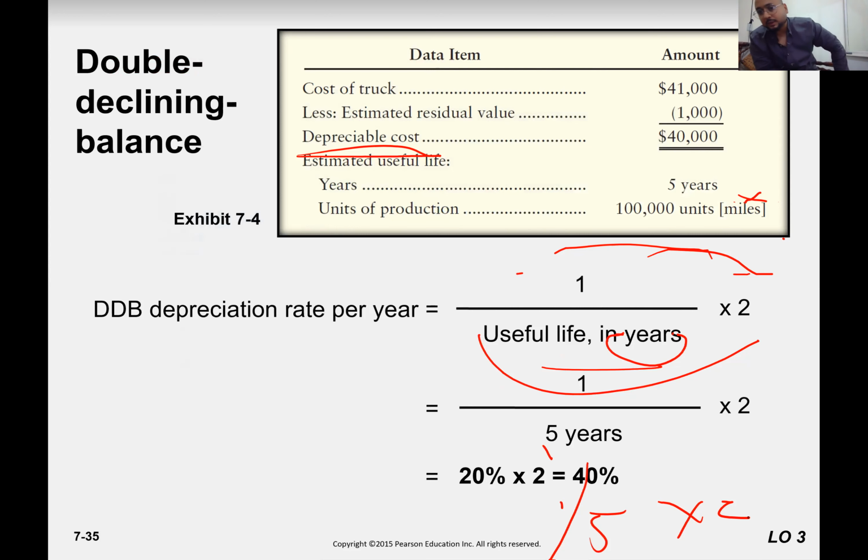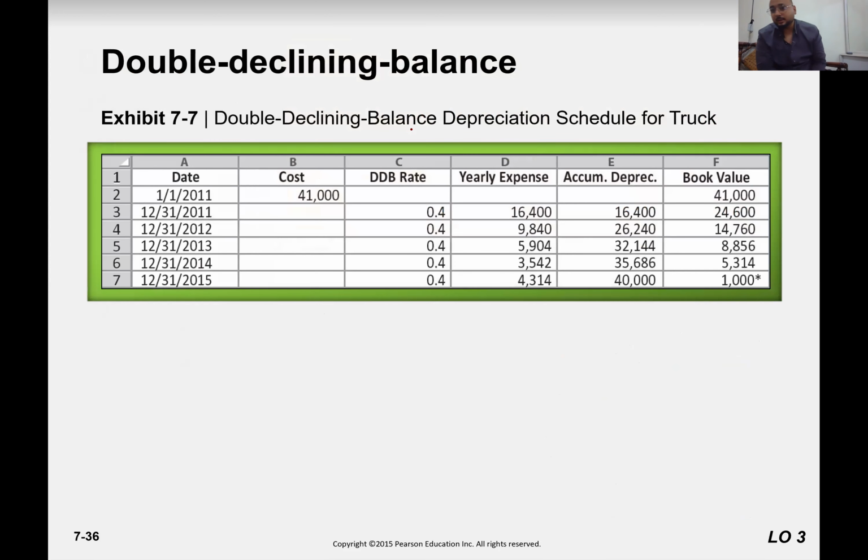or 40%. Now there is a small trick here, because we did not use the depreciable amount. So how do we calculate the value of the yearly expense? So where is this 16,400 coming from?